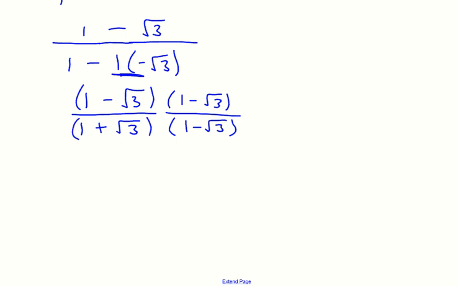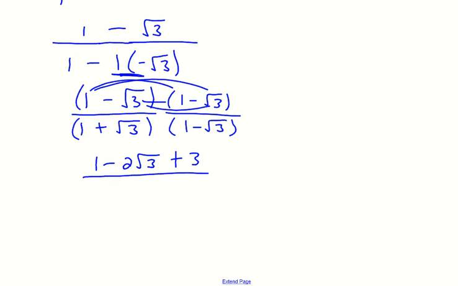So now the top here, if you expand the whole thing, you end up with 1 minus 2 root 3, this is just foiling this, plus 3. And then divided by, 1 minus 3 is what? Because your square roots cancel, and the middle term cancels out when you do that.